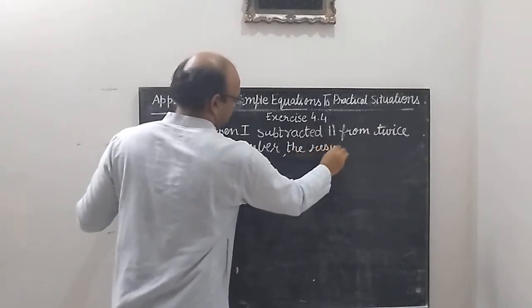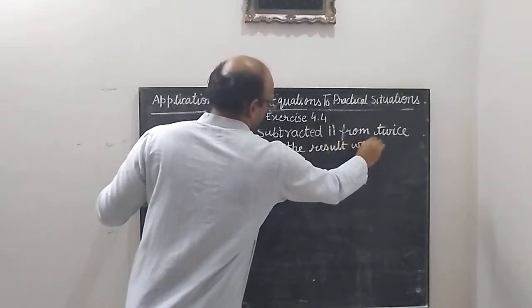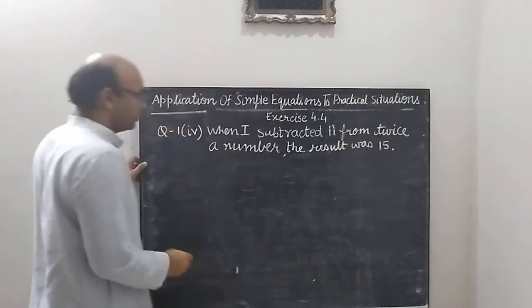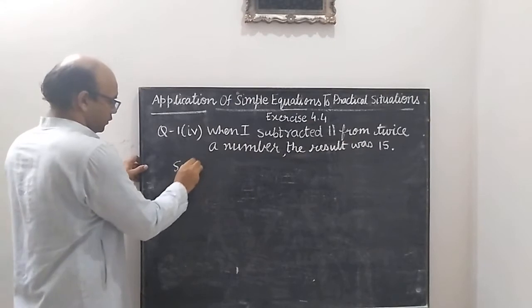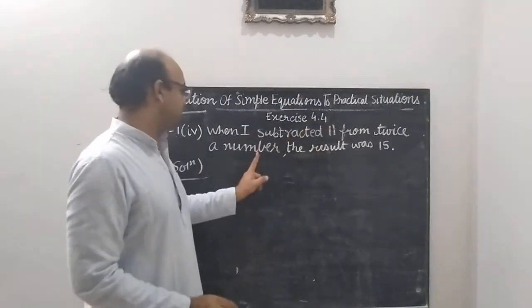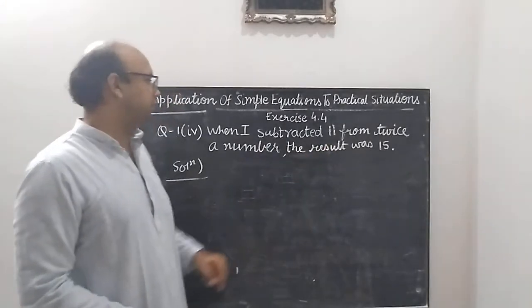The solution says, when I subtracted 11 from twice a number, the result was 15.